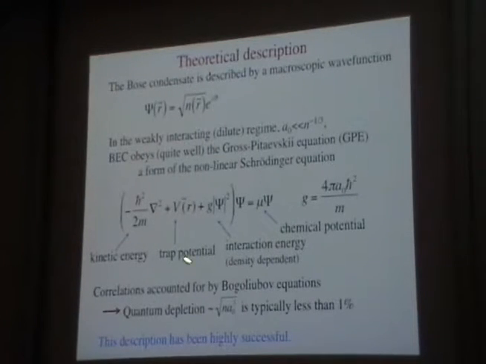So this is a very, very good description of the Bose gas for these dilute, weakly interacting systems. A lot of the papers you read are basically solving this equation in various situations, and it describes most of the experiments quite well.